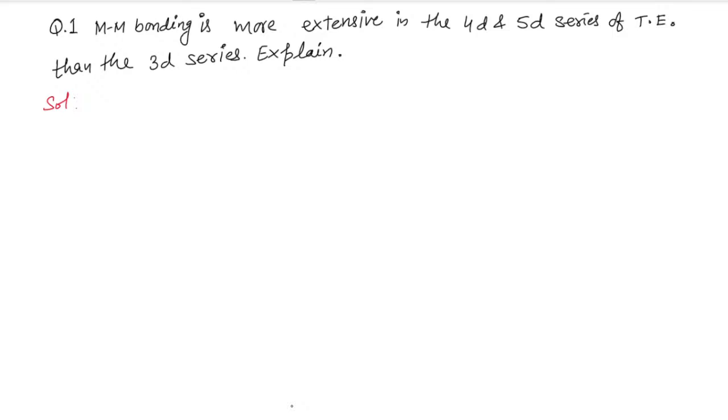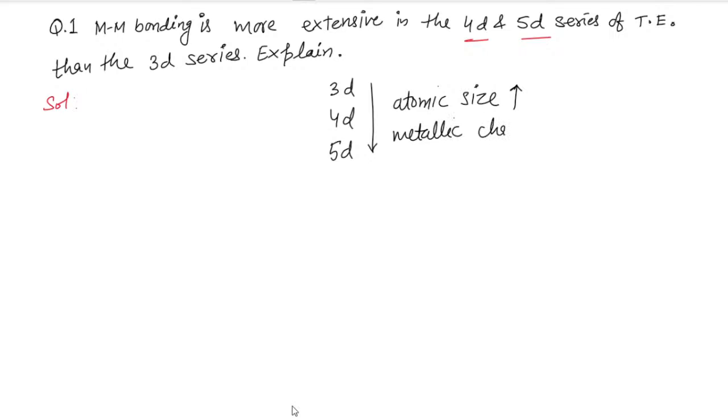Metal-metal bonding is more extensive in the 4D and 5D series of transition elements than the 3D series. Explain. As we go down the group from 3D to 4D and 5D, atomic size increases, and at the same time metallic character increases.